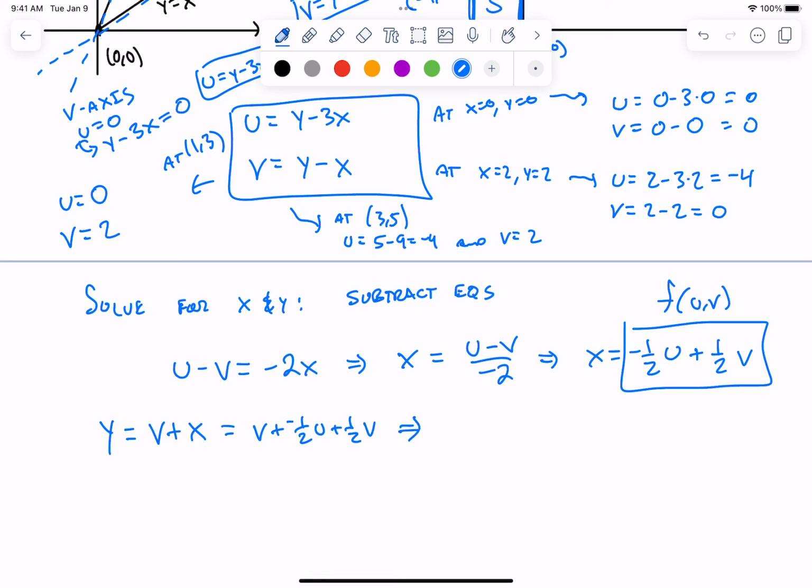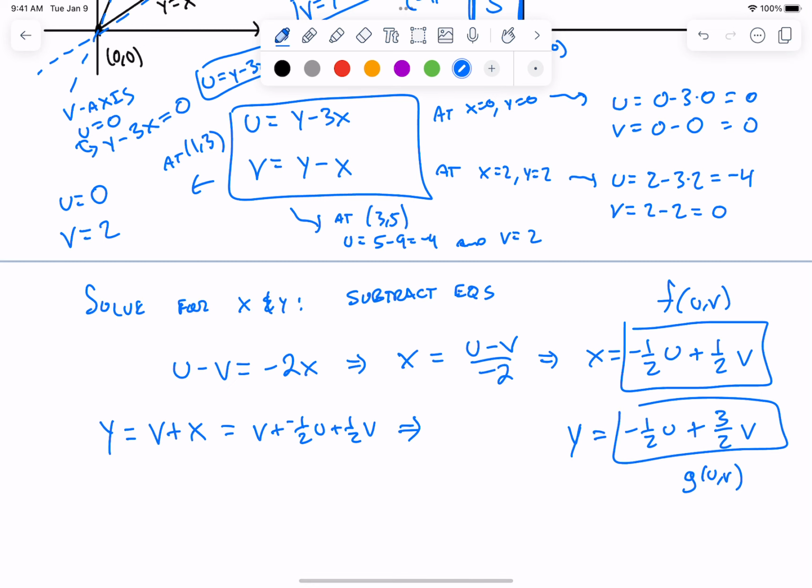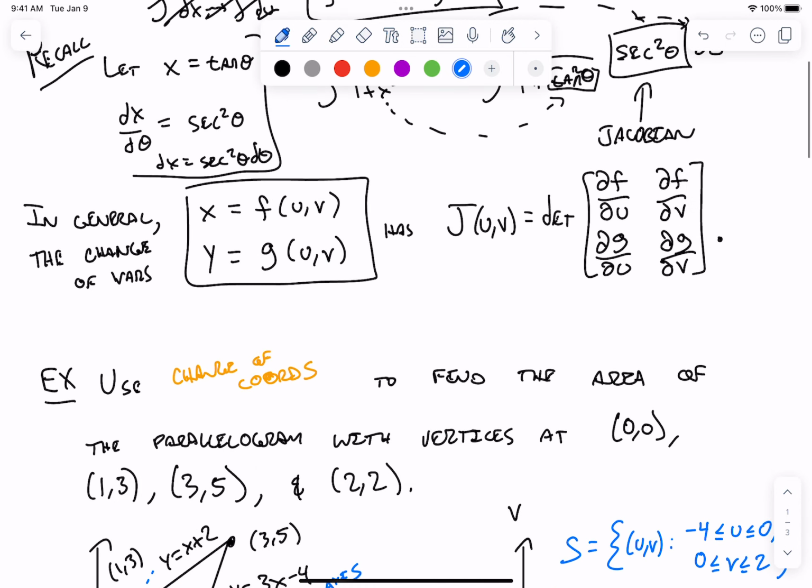So combine like terms, and we get y. So now y is going to be negative 1/2 u, right, plus 3/2 v. And there's that g, right? This is g of uv that we were talking about up here.